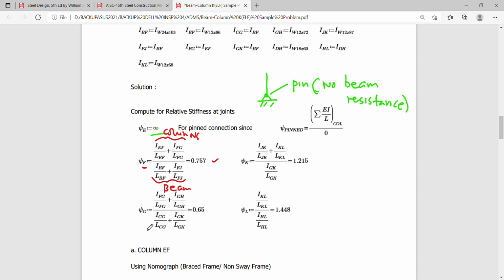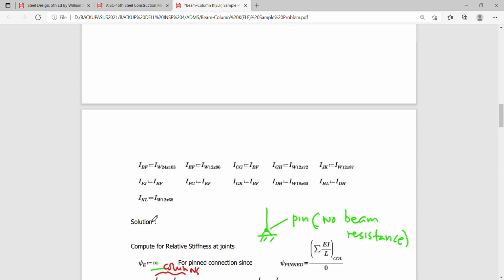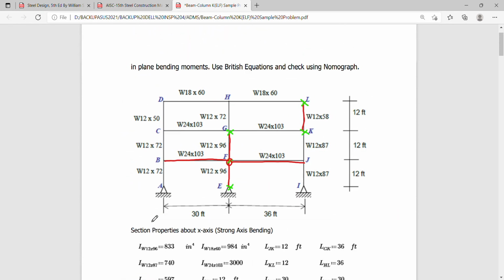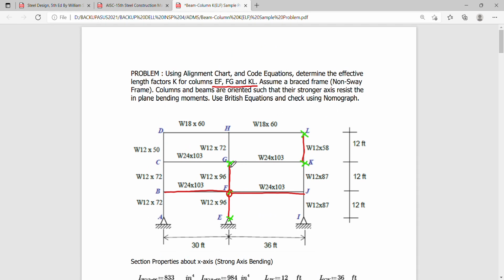For joint G, we also have two columns, which are columns FG and GH, and two beams, which are beams CG and GK.